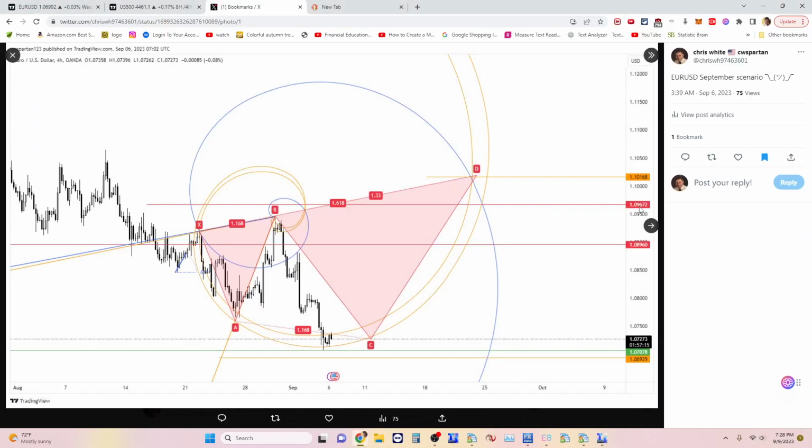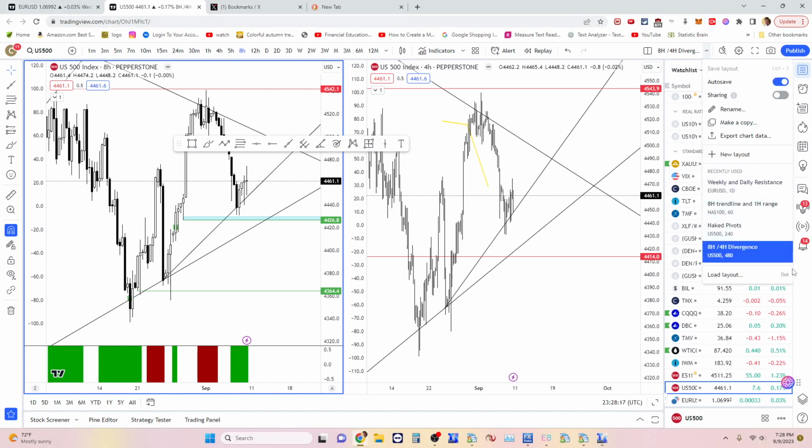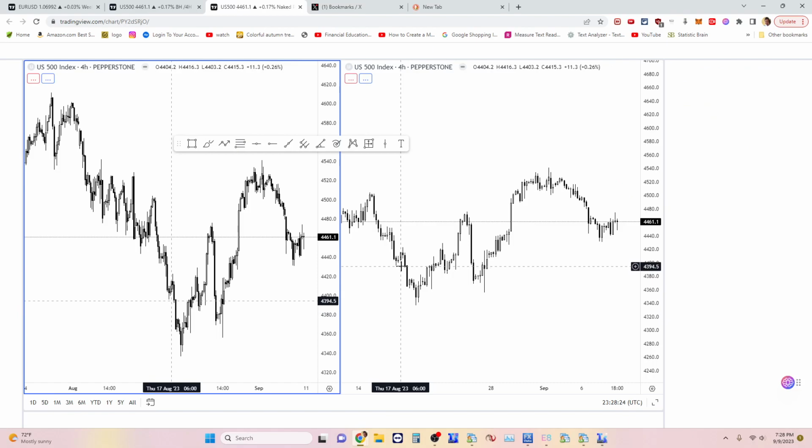So that's this level. So with price being a little lower, let's see if we can find that. We could redraw and have a better forecasted target.